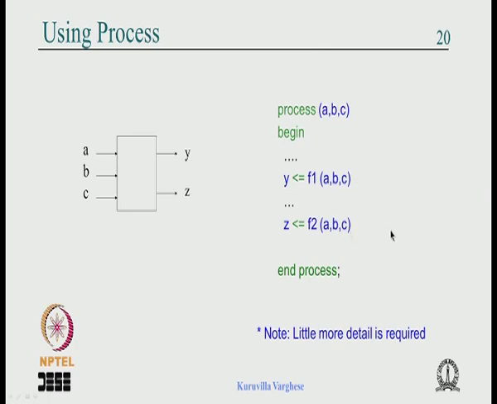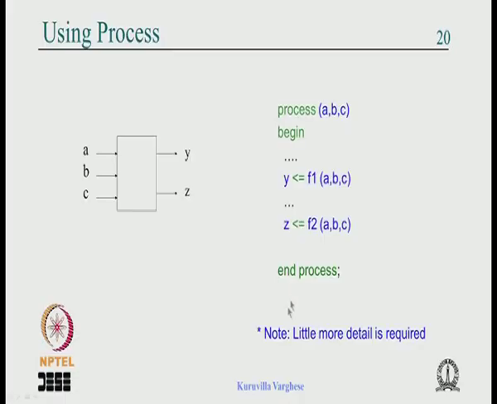We are going to have a detailed look at these constructs like when else, with select, if, case and all that, how to write combinational circuit, how to write sequential circuit using these constructs, we will see that. But for the time being you take it that you have a block, you have some input output, you write a process with inputs in the sensitivity list, describe the behavior using the higher level sequential constructs, then you are implementing it.